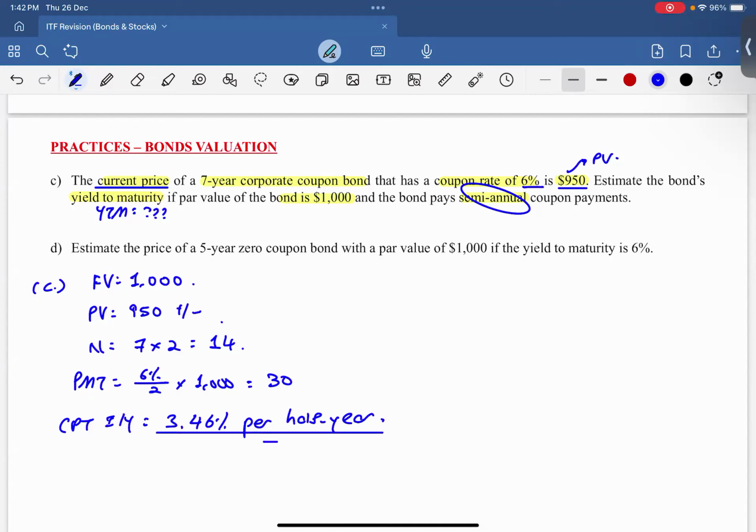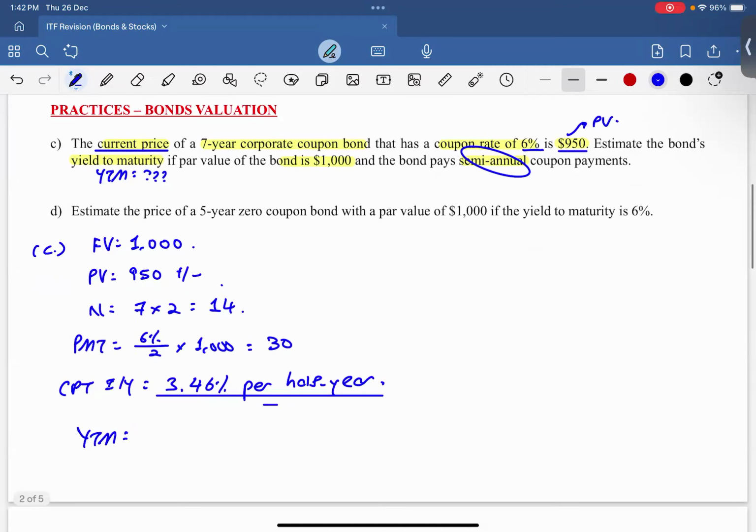This is not the end of the answer yet. Why? Because I want to convert into annual. For YTM, a lot of students forget this step, so make sure that you do not forget it. Whenever you calculate, you must make sure that the rate you got is the annual one. So 3.46% times 2. Why times 2? Because it's semi-annual. 3.46% times 2, you will get 6.92% per annum compounded half yearly.